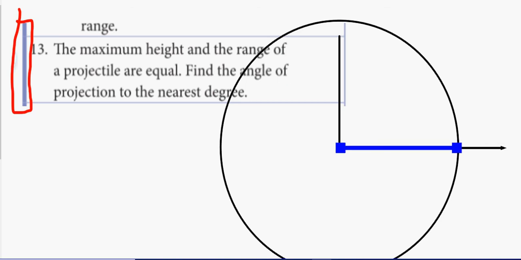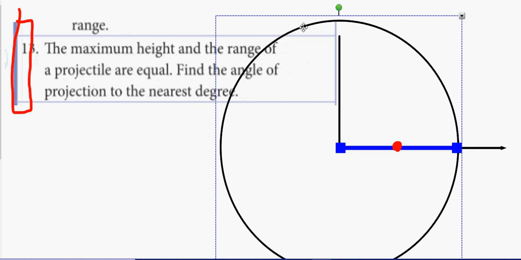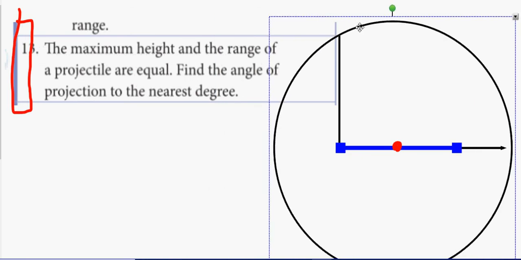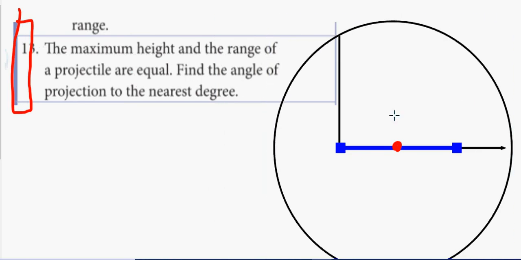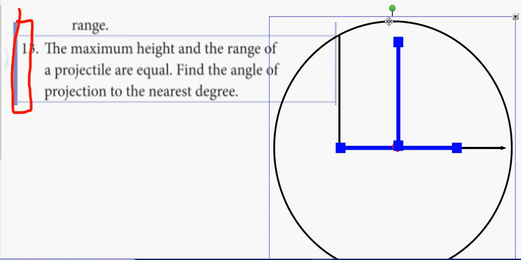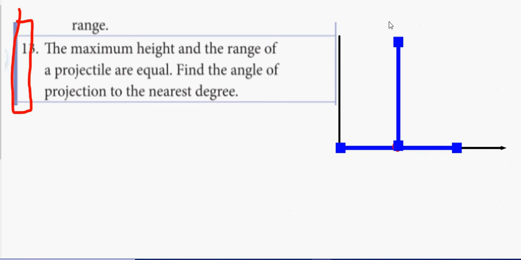Then I'm going to take it to the halfway point here. Move the circle to the halfway point if I can. About there-ish. The range and maximum height are equal. Ouch. So, that looks longer, doesn't it? Alright, never mind. I forget the circle. They're both the same.